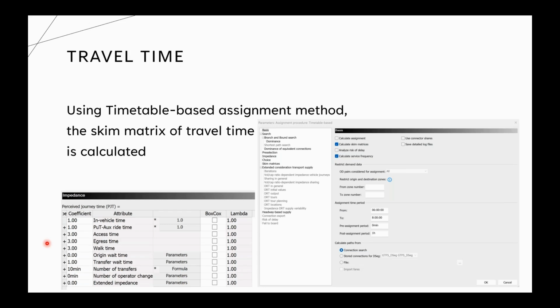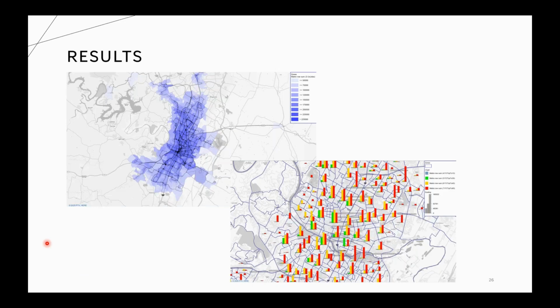And additionally, we add a 10-minute penalty for each transfer, which is different from transfer wait time. It's just a penalty to account for the difficulty of transfer. And at the end, we can run the process and come up with the results and present the results with the two methods that I mentioned before.